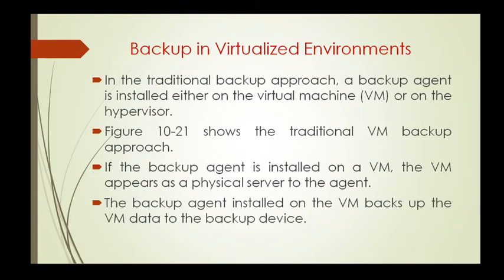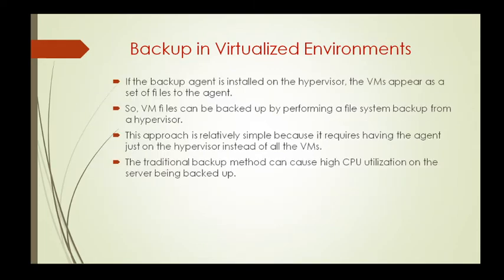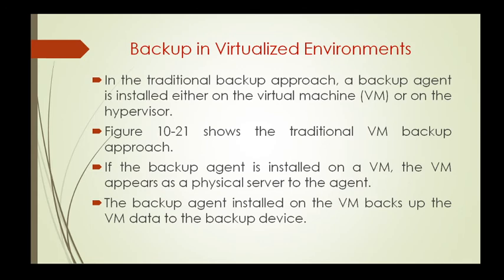In the traditional backup approach, a backup agent is installed either on the virtual machine or on the hypervisor. This figure shows the traditional virtual machine backup approach. If the backup agent is installed on a virtual machine, the virtual machine appears as a physical server to the agent. The backup agent installed on the virtual machine backs up the virtual machine data to the backup device.